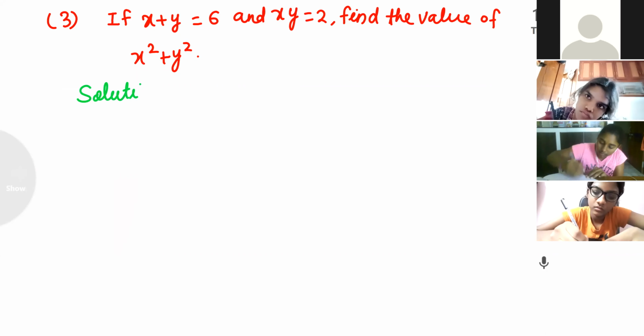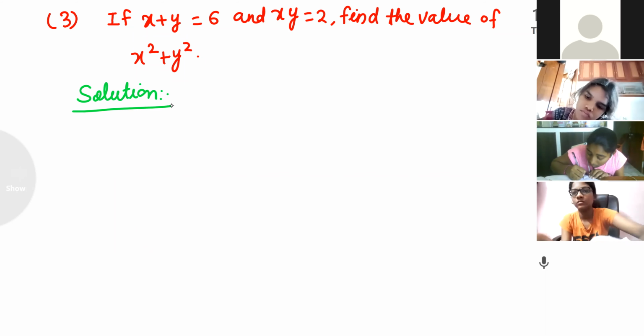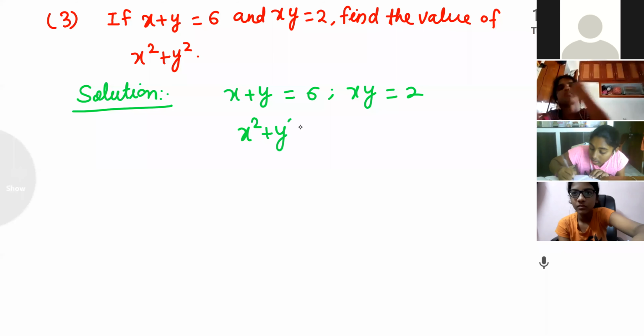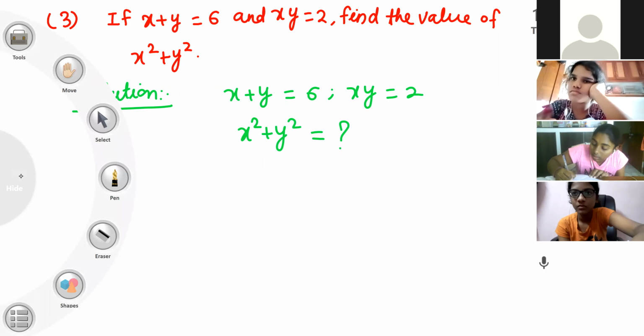Last question of this chapter. Question is given x plus y is equal to 6, xy is equal to 2, it is asking x square plus y square is equal to question mark. There is one more identity, note down, this is a special identity.